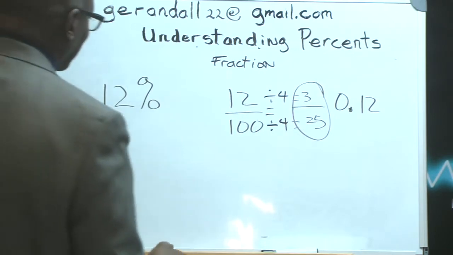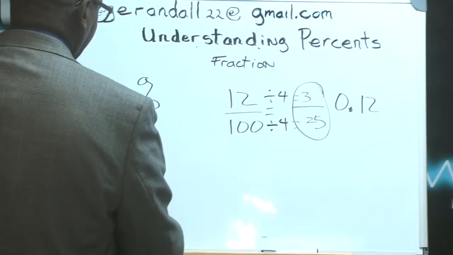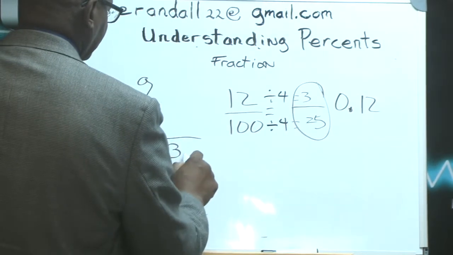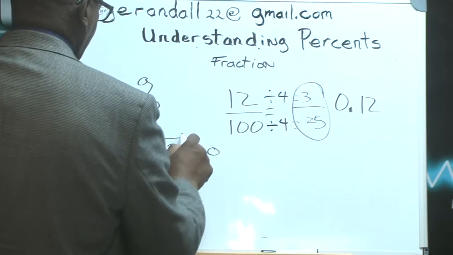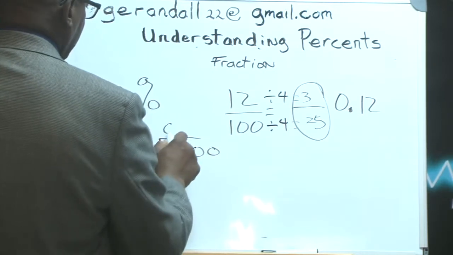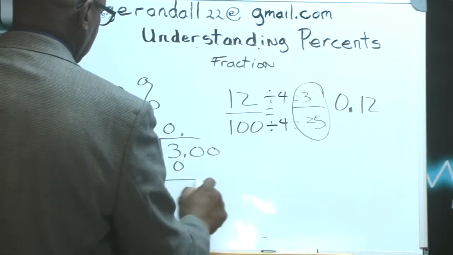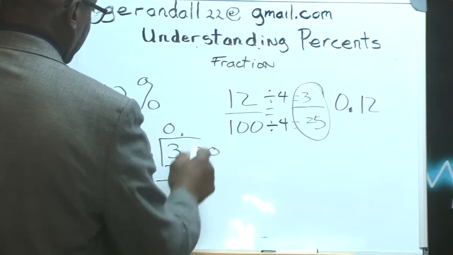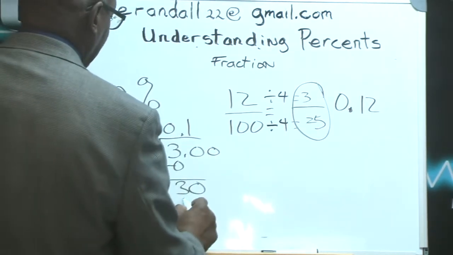And again, we can check it. 25, 3's in the house. Can 25 go into 3? No. Can 25 go into 30? Yes. One time.